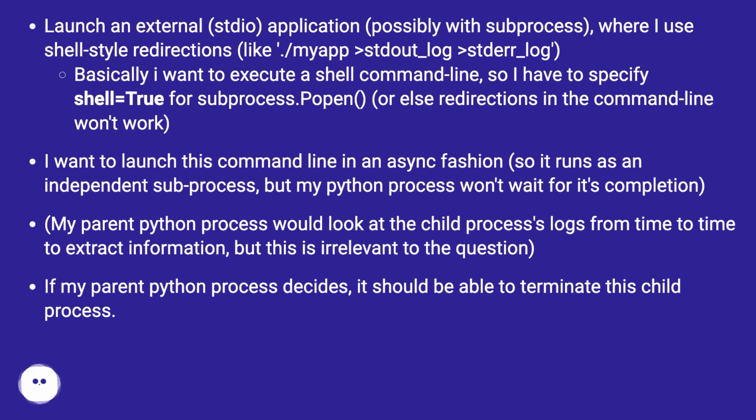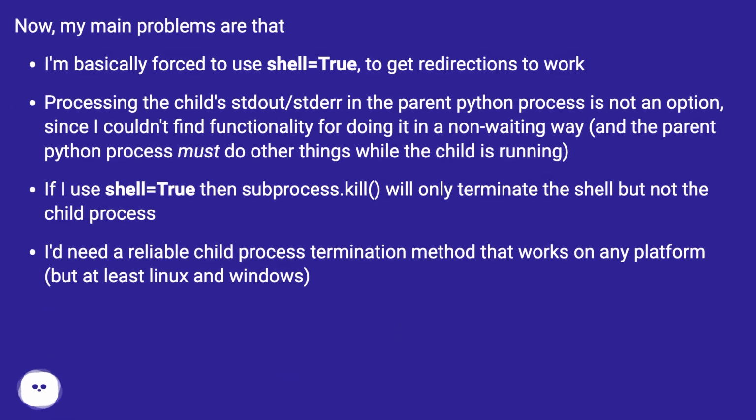My parent Python process would look at the child process's logs from time to time to extract information, but this is irrelevant to the question. If my parent Python process decides, it should be able to terminate this child process. Now, my main problems are that I'm basically forced to use shell equals true to get redirections to work.